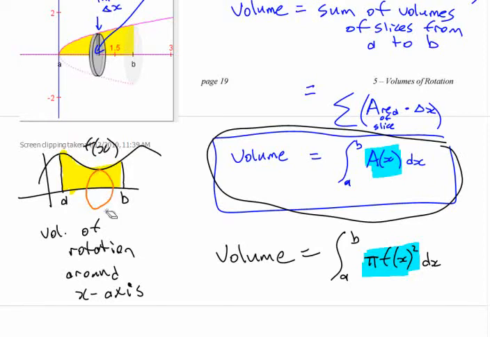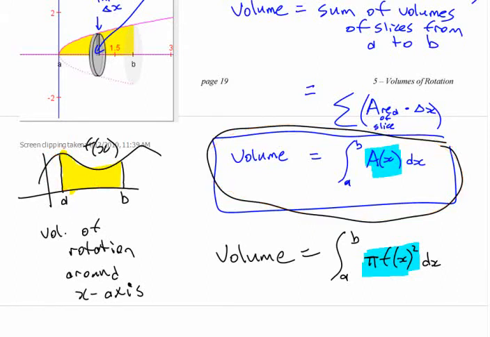Somebody could say we could make a shape where there are squares that are the height of this curve, in which case it wouldn't be a circular cross section. Any kind of shape here. If somebody said, well, let's make a shape where all the cross sections are squares, it's still the same formula. It's just that the area of each cross section would be different.